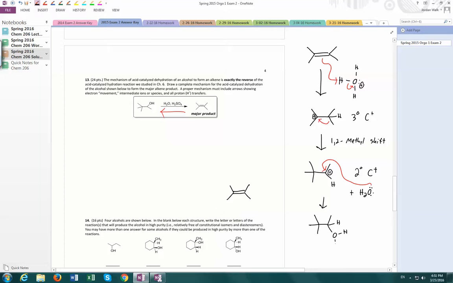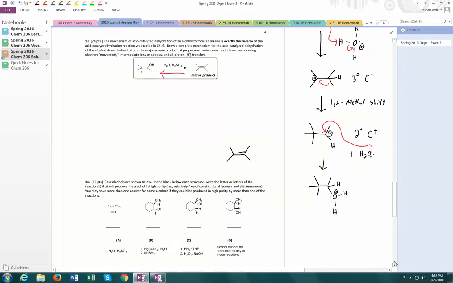Because remember, someone's going to just immediately have an OH group there instead of an OH2 plus group. But we are adding the water, and the deprotonation is a different step. So then finally, we can get back to our neutral species by deprotonating, and you can use any base. We'll use water. So we will deprotonate like this.